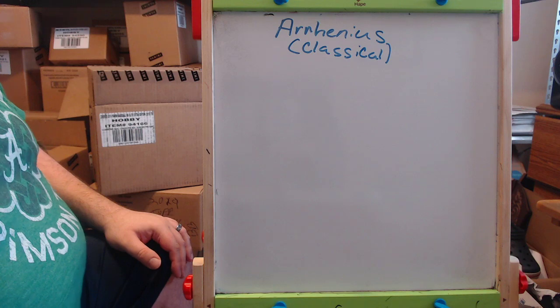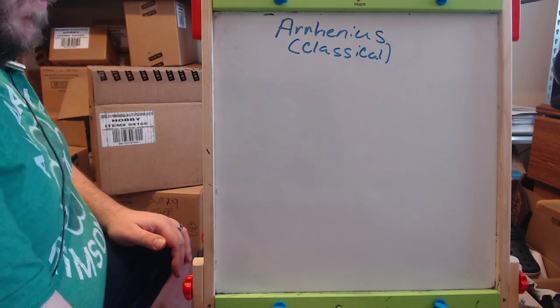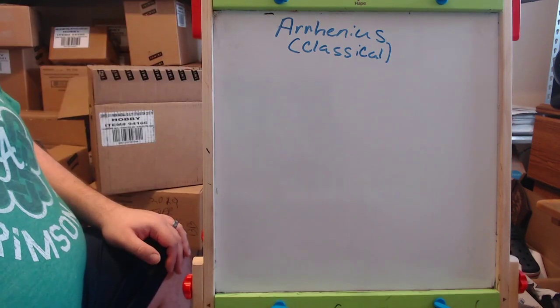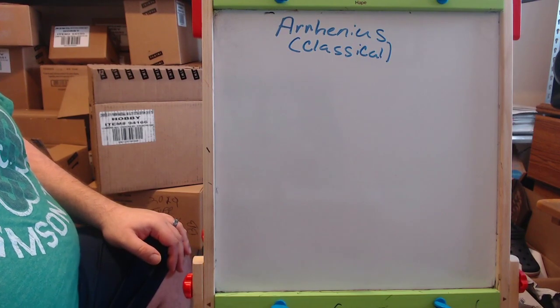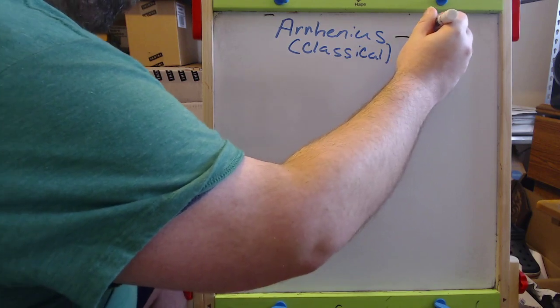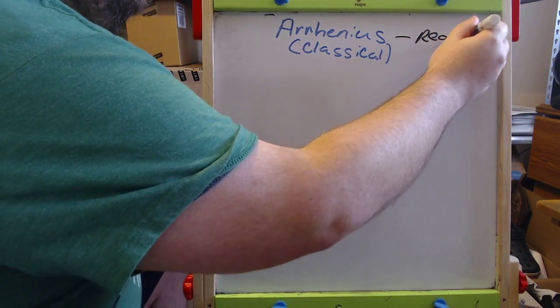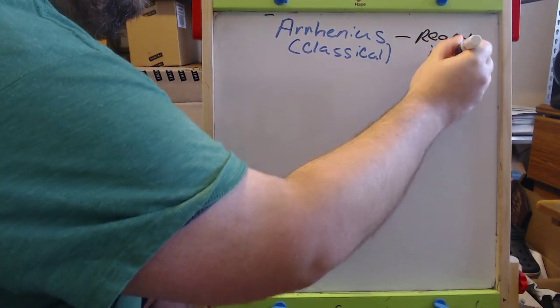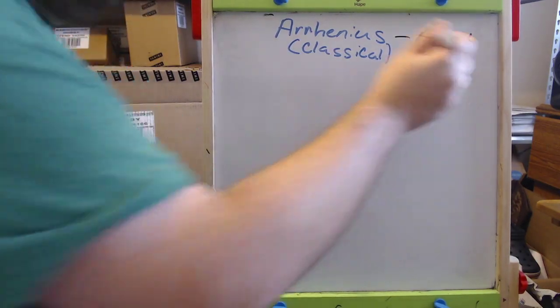I think chapter 4 uses classical, and then this chapter uses Arrhenius. What that definition entails is how they react in water.